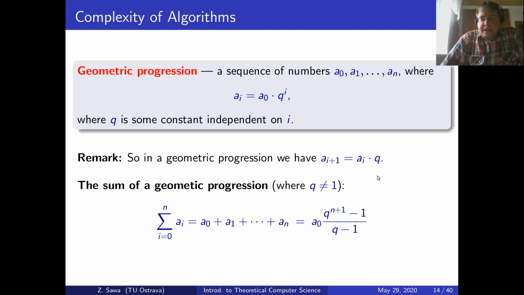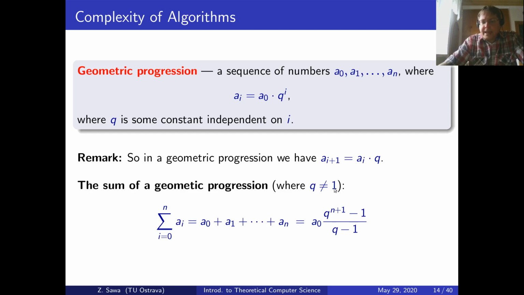If q is 1, if we multiply by 1, all the elements in the sequence are the same. So we would just multiply the number of elements in this sequence times the value of each element.